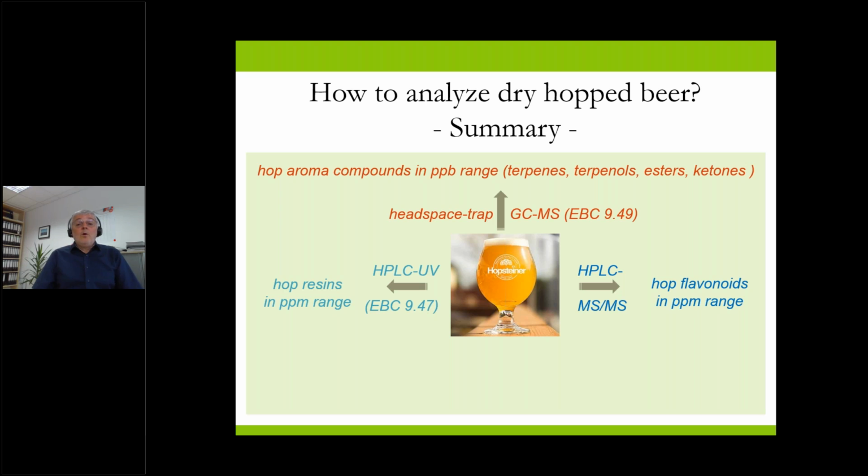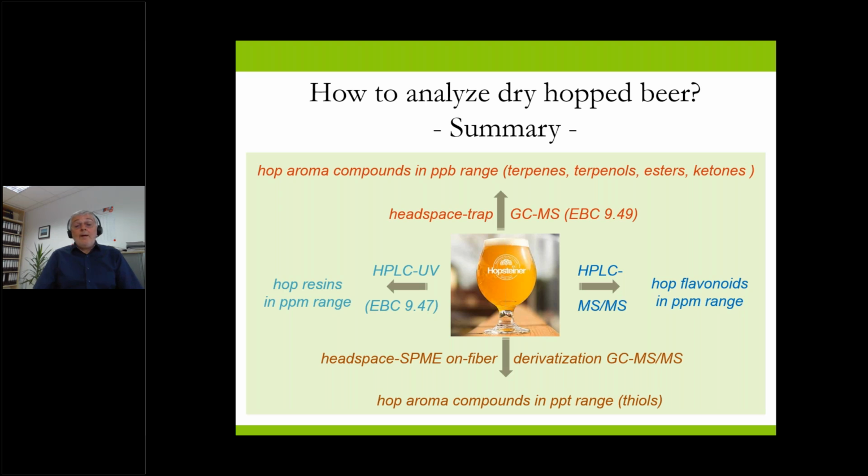For the hop aroma compounds in the ppb range, like the terpenes, the terpenols, esters, and ketones, headspace trap GC-MS is the method of choice. But for thiols in ppt range, you need a more sophisticated method. For example, the method of Niels Redberg, the headspace SPME on-fiber derivatization.